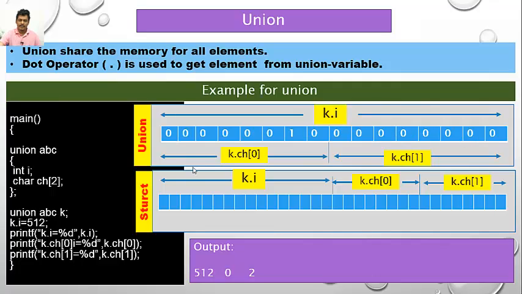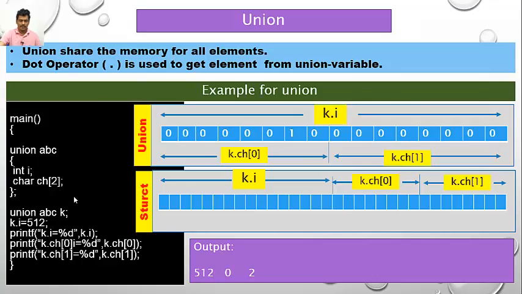Take k.ch[0]; it is taken by k.ch[1]. Because if we assign k.i, we access k.i only. In a union, if we use i in the program, we don't use ch. If we use ch in the program, we don't use i.